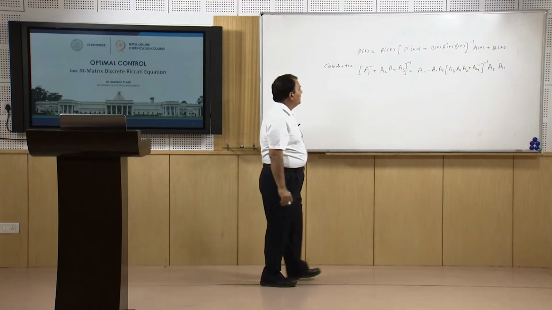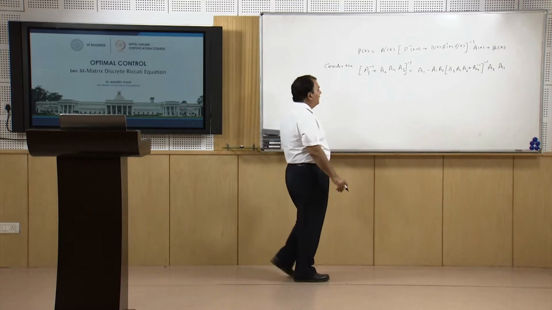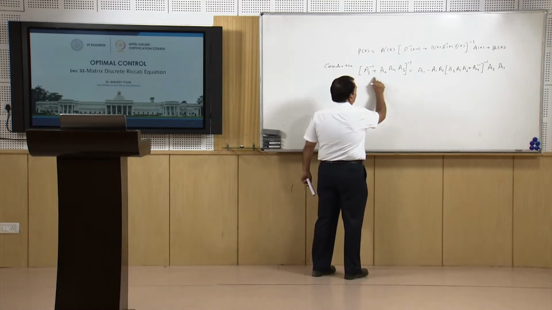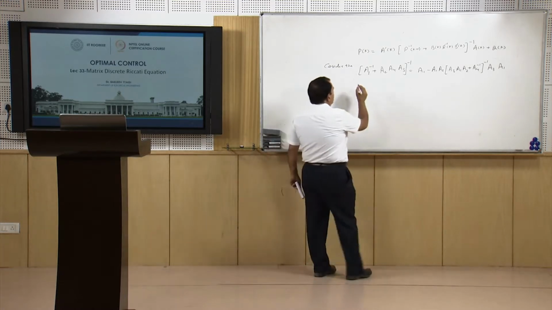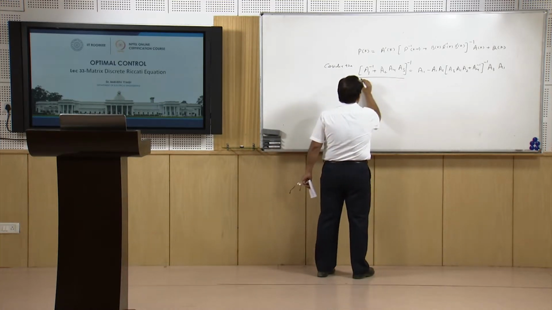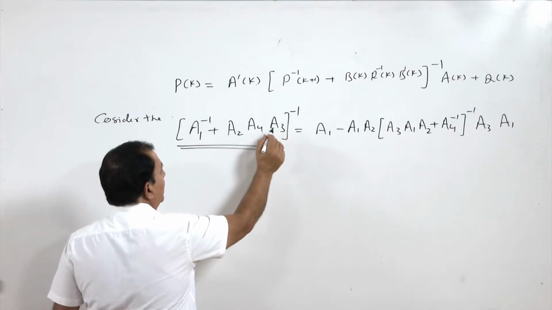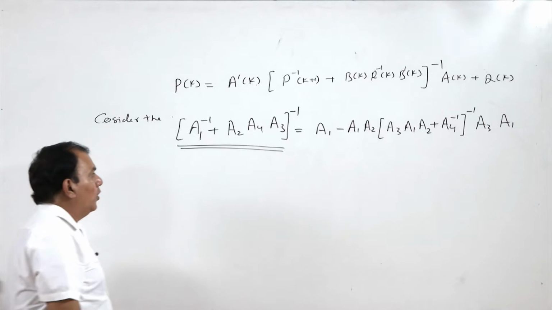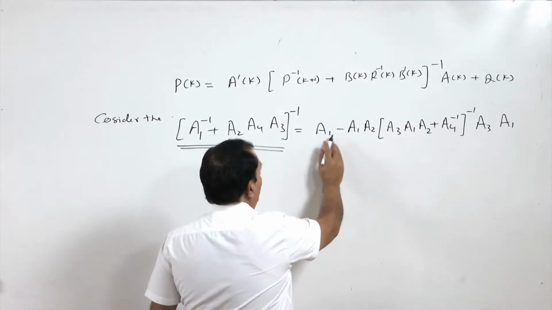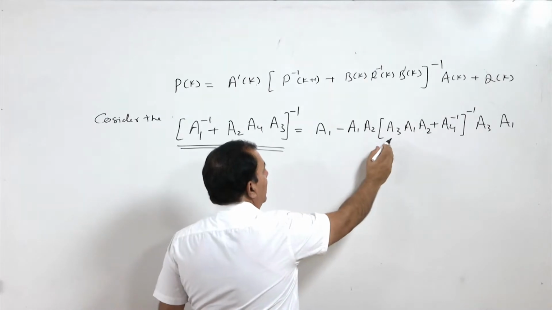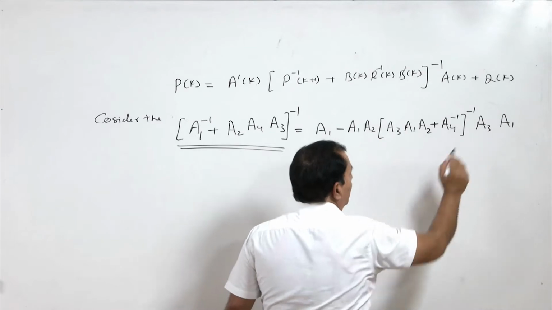So, if you consider the four matrices A1, A2, A3, A4, the value of this identity, which is A1 inverse plus A2 A4 A3 inverse of the whole matrix, is equal to A1 minus A1 A2 A3 A1 A2 plus A4 inverse of the whole, A3 A1.